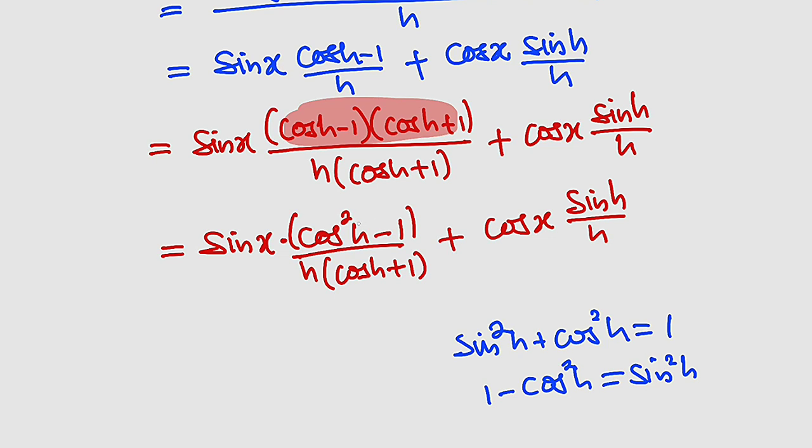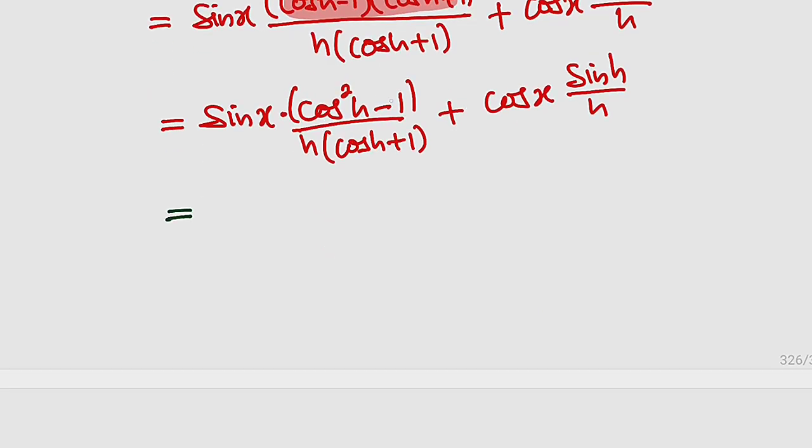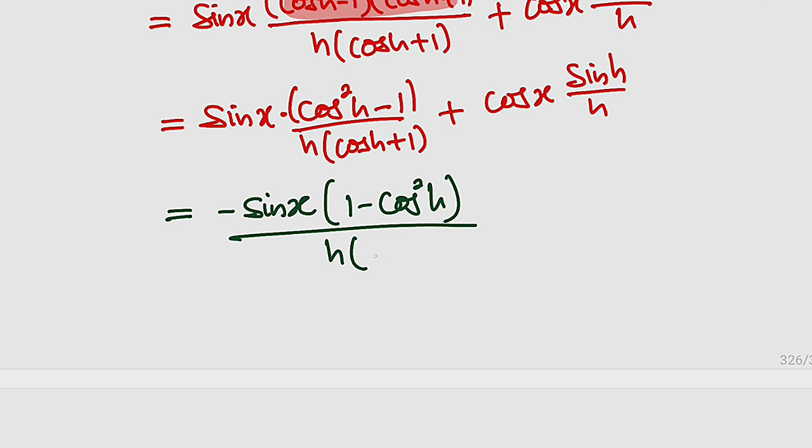Therefore, let us factor out negative 1 from here so that we can make the expression accurate. If you factor out negative 1 here, you multiply by sine x. Inside the bracket, you have 1 minus cos squared h divided by h times cos h plus 1, then plus cos x sine h divided by h.